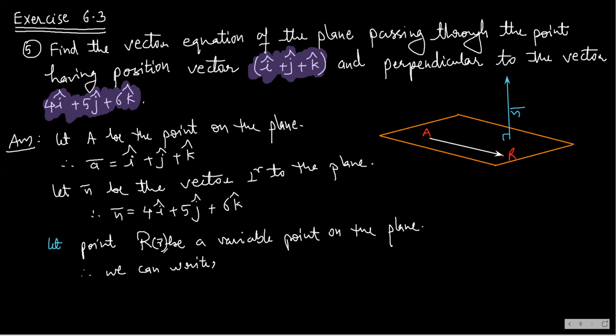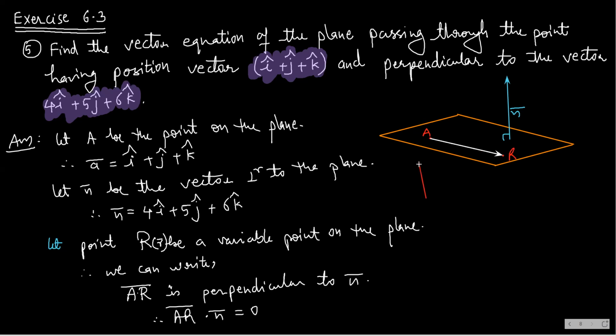So R bar is the position vector of point R. Therefore, we can write AR bar is perpendicular to n bar. Therefore, AR bar dot n bar is 0.